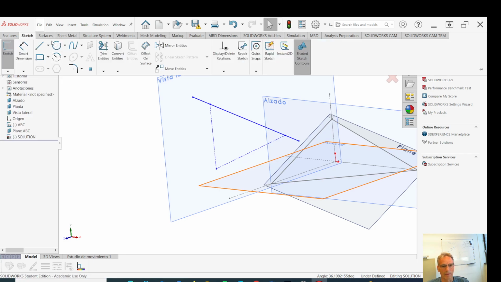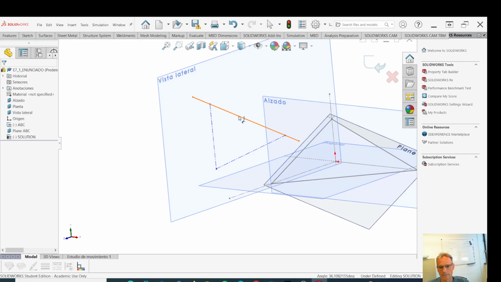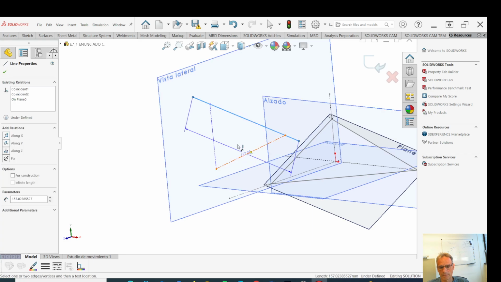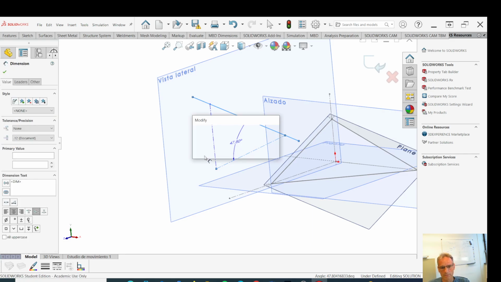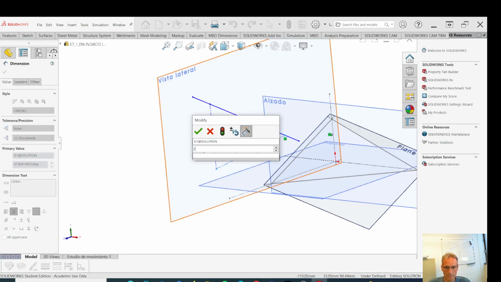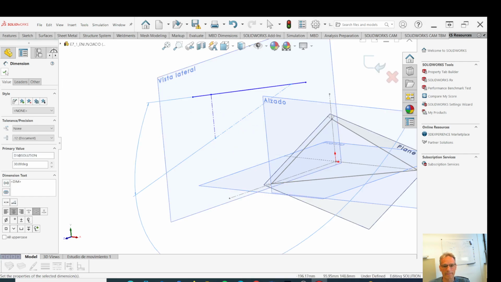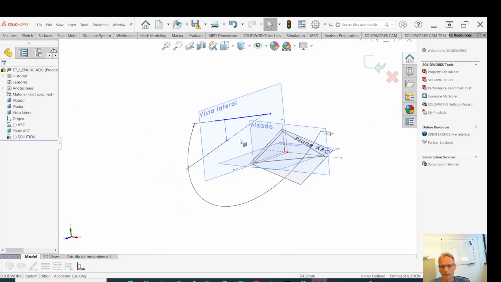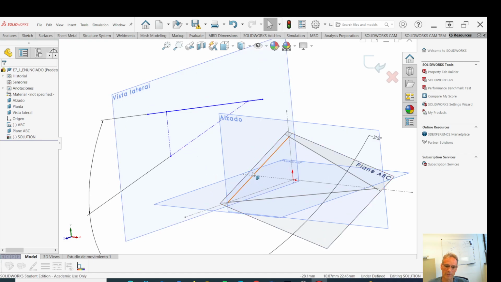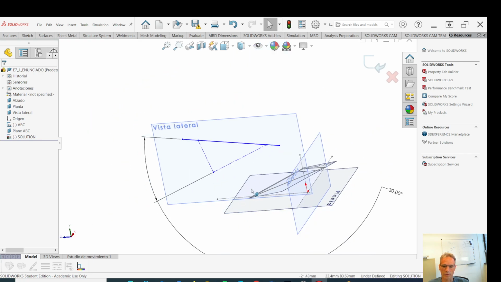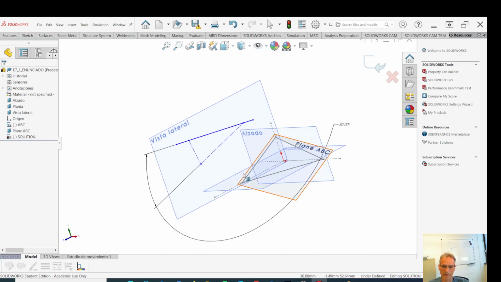So I put here my 30 degrees. I don't know why my computer is very slow today. Anyway, 30 degrees. However, you see that we are measuring the angle from this plane to the line in that direction, but there will be another solution. We know already that there will be another solution if we measure the angle from here to there.